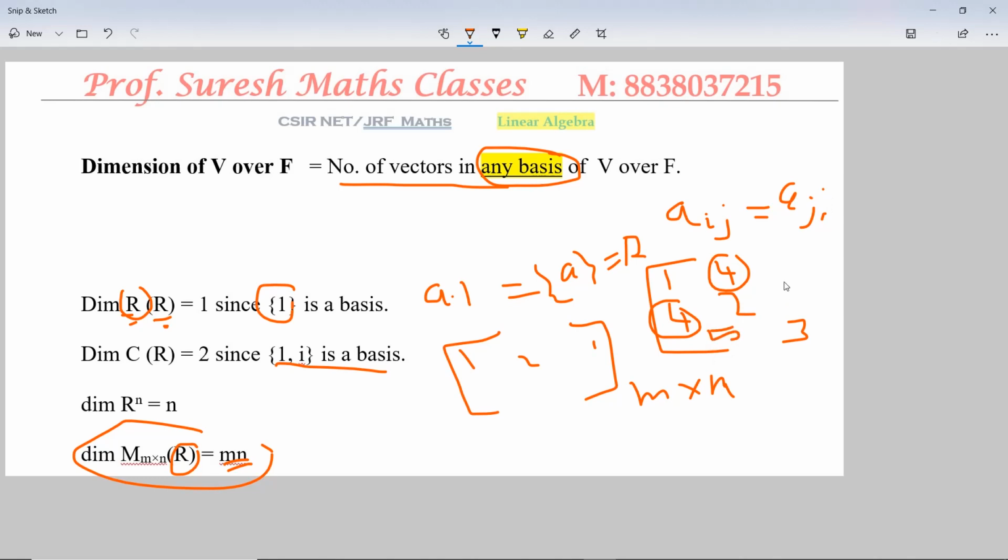Here a_31 and a_13 must be the same, and these two elements must be the same. So totally there are 6 free entries. So the dimension of the vector space of 3 cross 3 symmetric matrices is 6.